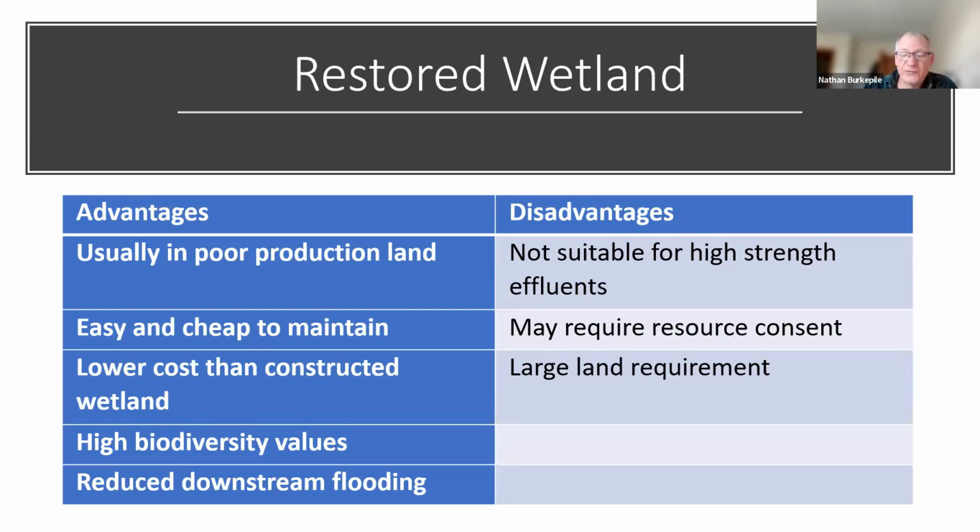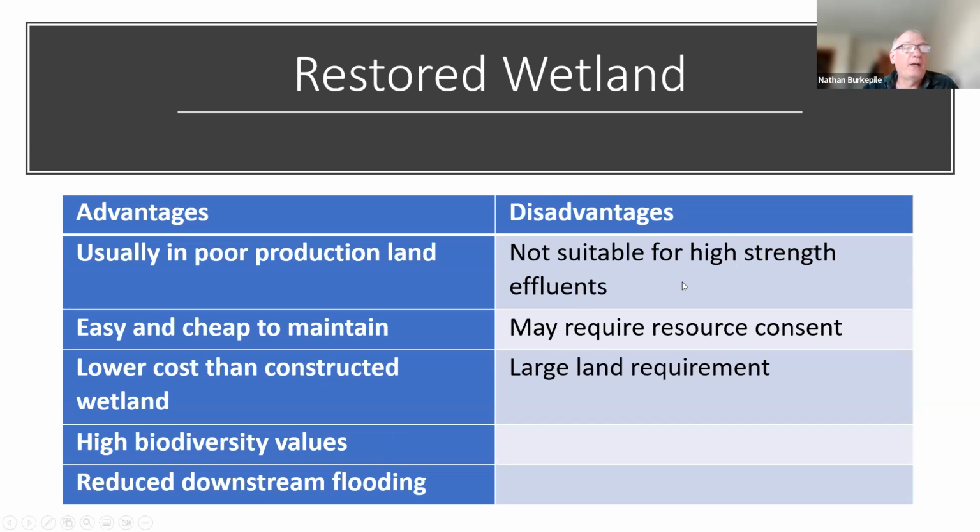Definitely lower cost than if you want to construct a wetland to reduce nutrients. They are really effective at reducing nutrients. They have high biodiversity values, and most of our wildlife that are threatened and endangered are directly linked to wetlands, so they really do have high value. Again, we're reducing downstream flooding.